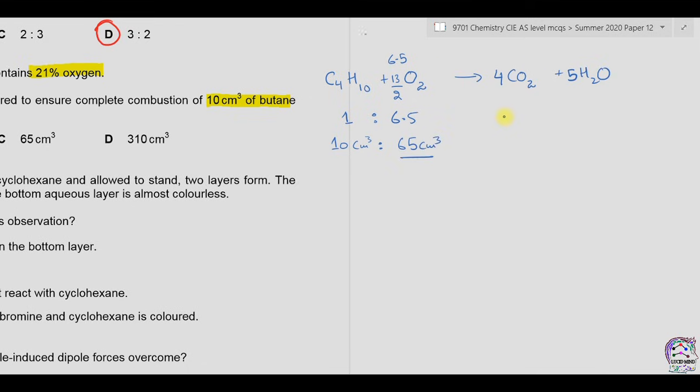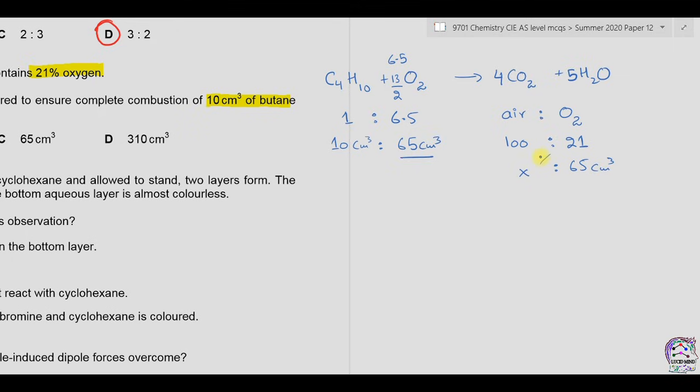In the question, they have asked about the air, not the oxygen, so we can find out the ratio between air and oxygen. In the question, they have given that in 100% of air, we can assume there is 21% of oxygen. So by volume, we can say that 100 cm3 of air will contain 21 cm3 of oxygen. Now 65 cm3 of oxygen will be present in how much air?